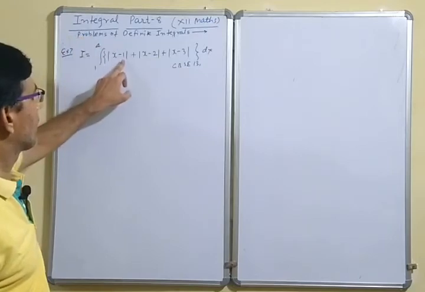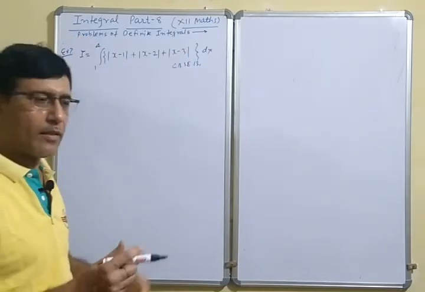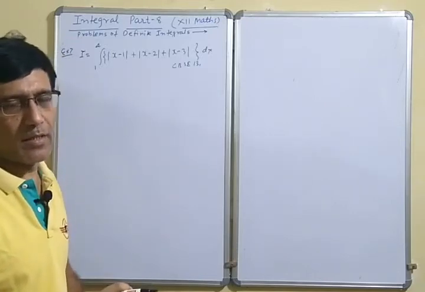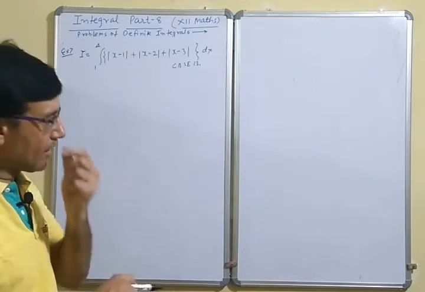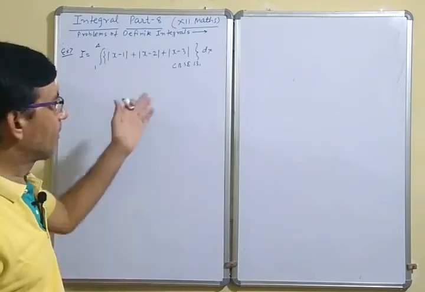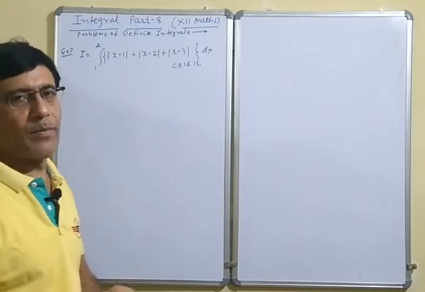So this type of question is asked the maximum number of times each year. Such questions are given in the CBSE question paper, so this type of question is very important.